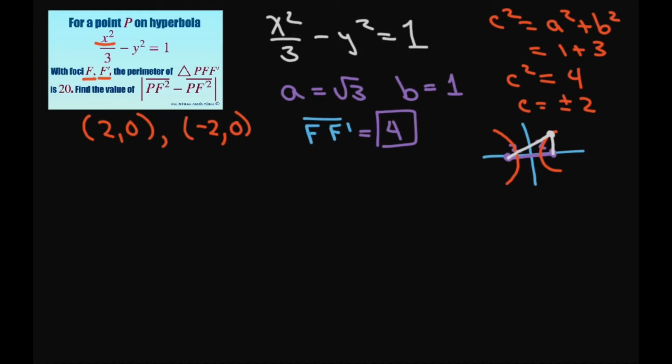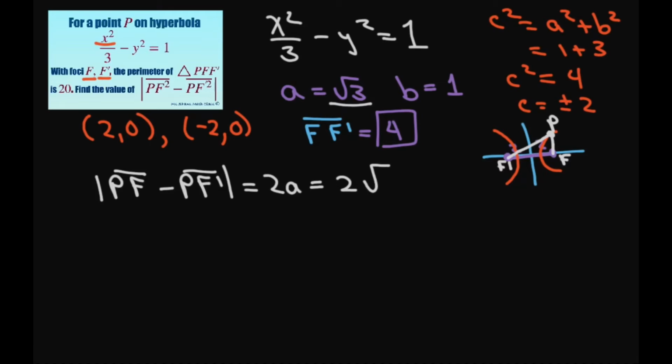So if I take PF minus PF prime, where this is P, this is F, and this is F prime, and take the absolute value, that equals 2a. That's going to be 2 times my a, which is square root of 3. And without the absolute value, PF minus PF prime is just going to be plus or minus 2 square root of 3.